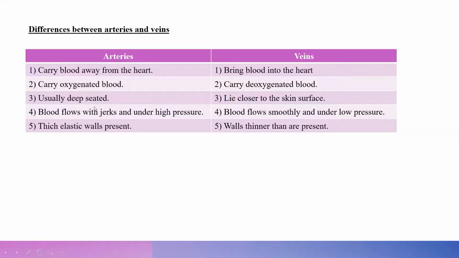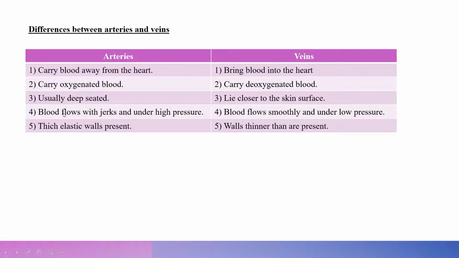Arteries are usually deep-seated, but veins lie closer to the skin surface. That is why you can see your veins, right? In many places in your body, you can see your veins, but you can't see your arteries anywhere. Why is that? Yes, because arteries are more into the flesh than the skin, but veins are more to the skin than the flesh.